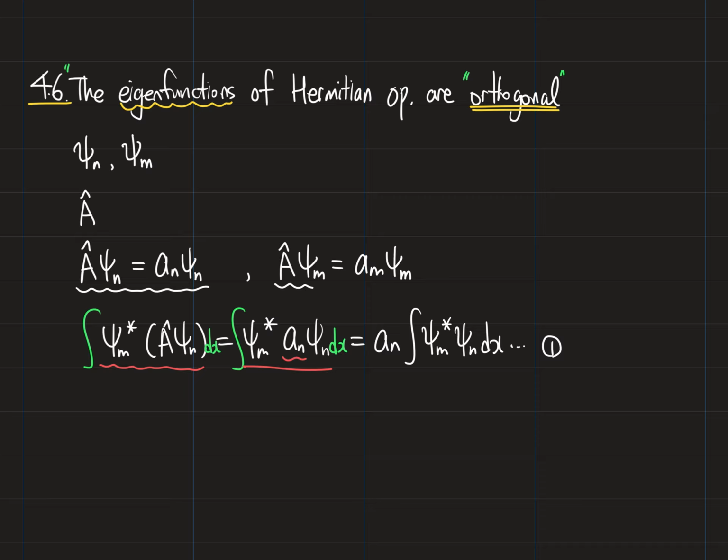Let's try to play with the second equation, the second eigenvalue equation. We are going to take the complex conjugate of the second expression. That means we have (A ψm) star equal. Let's leave some space here because we want to do the similar thing for the first eigenvalue equation.